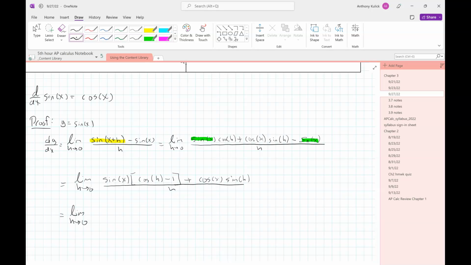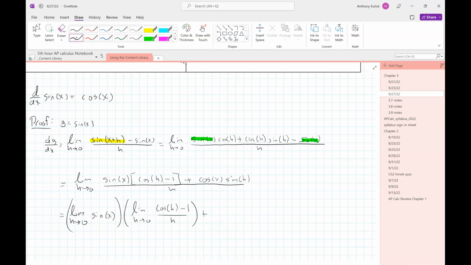And now I'm going to break this thing apart. So I'm going to do the limit for each piece of the products here. And I'm going to choose to keep the h with that second part of that product.